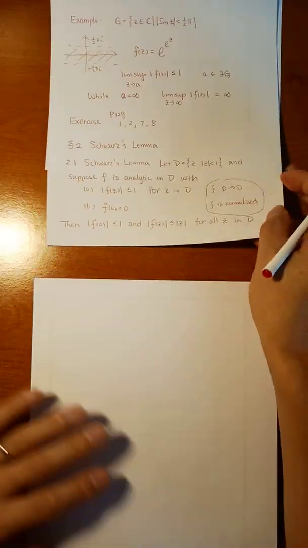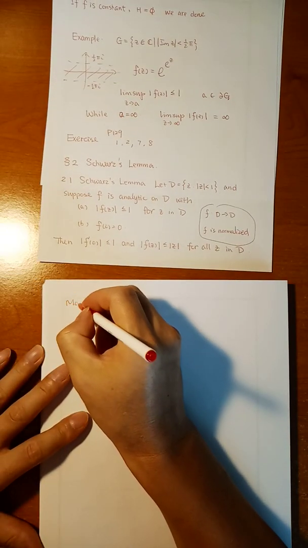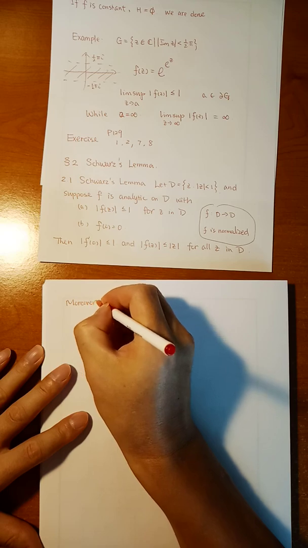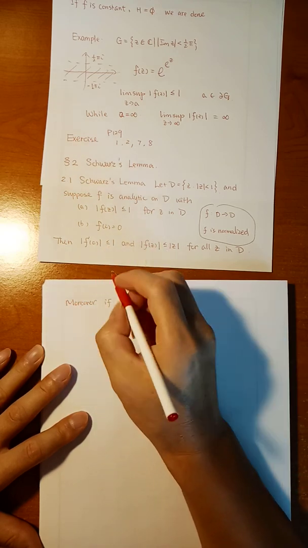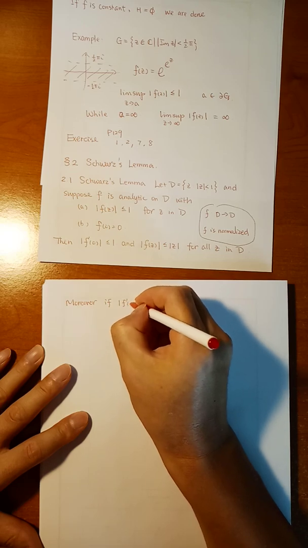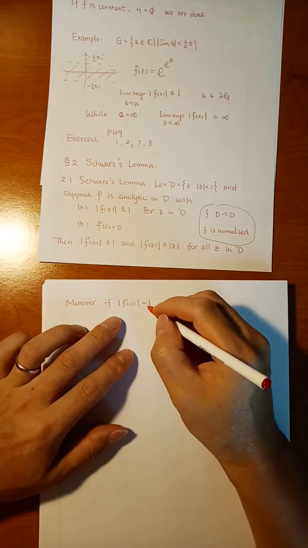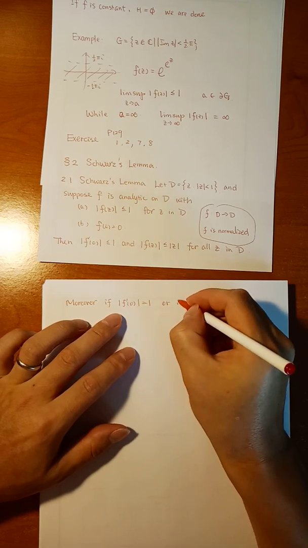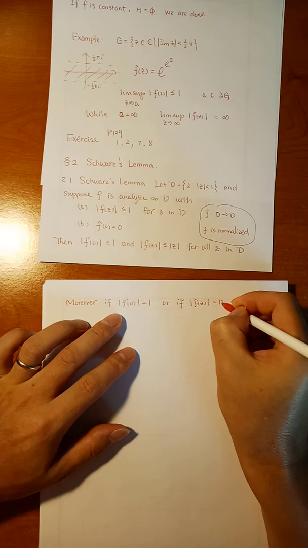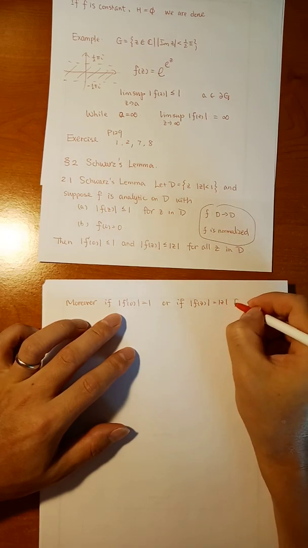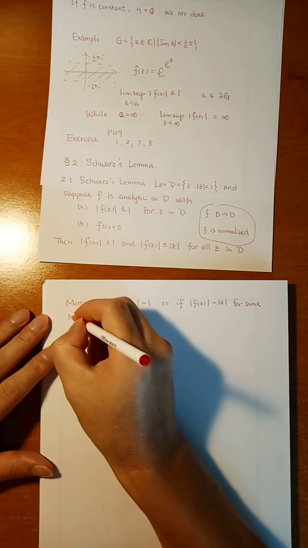And moreover, there's a stronger conclusion. If you have equality, the absolute value of f prime of 0 is 1, or if the absolute value of f of z is equal to the absolute value of z for some z not equal to 0.